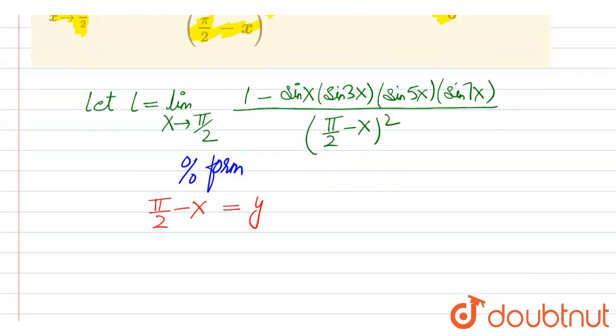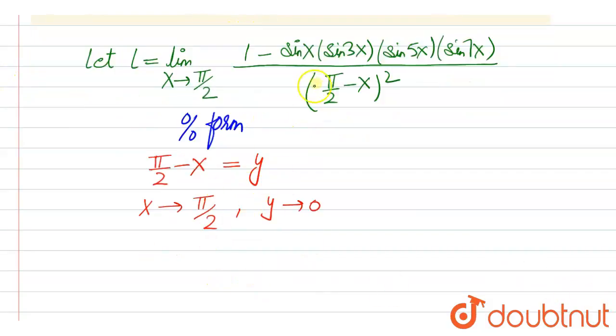Then when x approaches to pi by 2, y would approach to 0. So in terms of y, we can convert the limit by putting x equal to pi by 2 minus y.